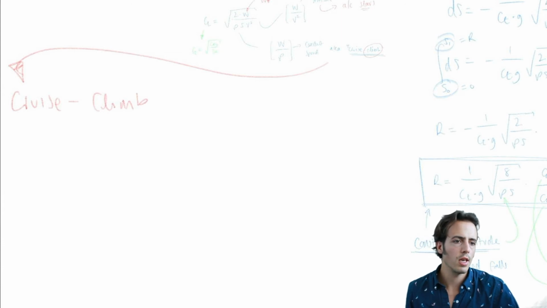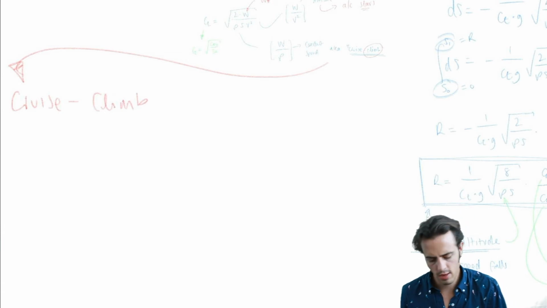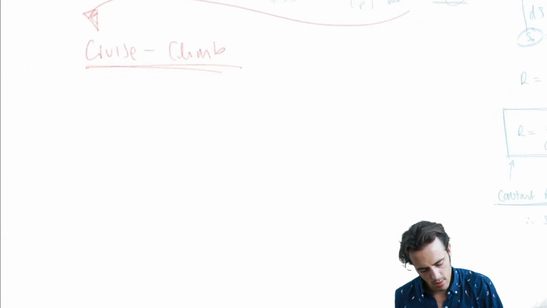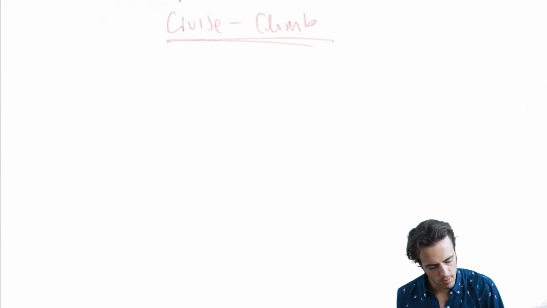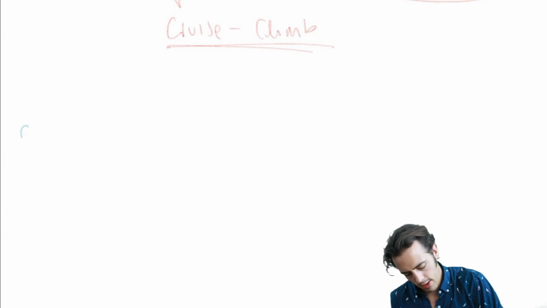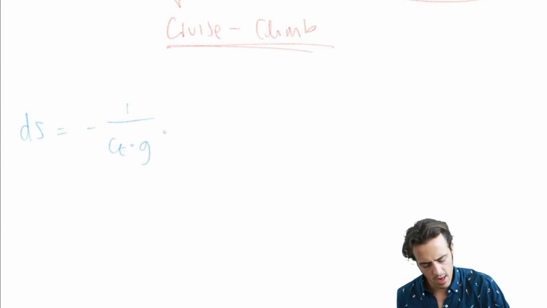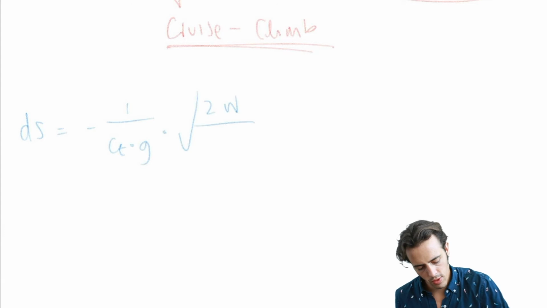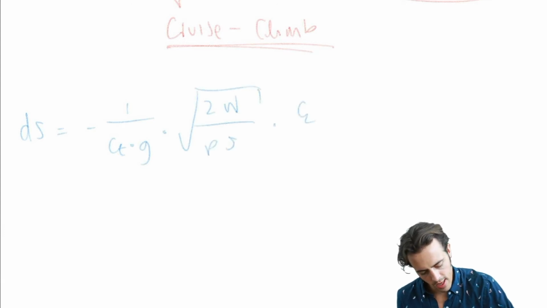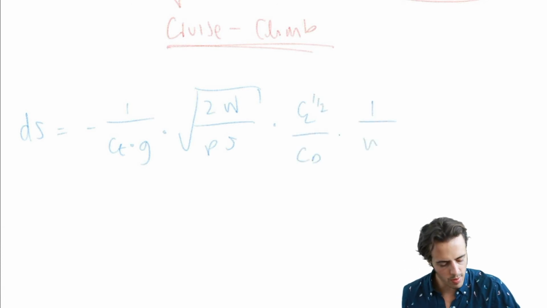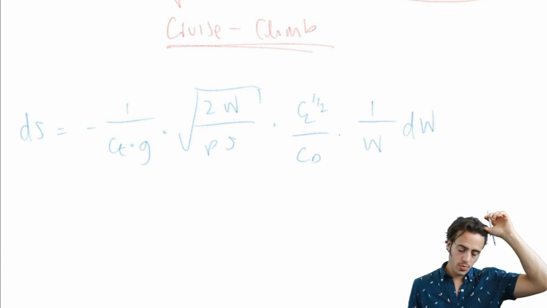So what's occurring in the cruise climb case? Let's have a look at the equation we've got. So our incremental distance is equal to minus 1 divided by CT G multiplied by the square root of 2W divided by rho S multiplied by CL to the half divided by CD multiplied by 1 over W dW.